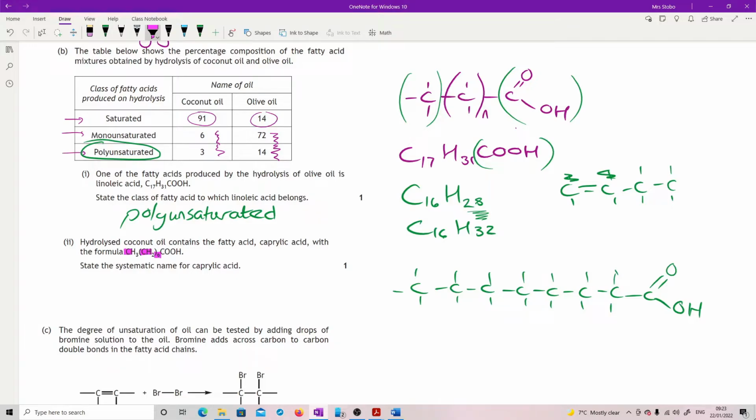That's going to give me my carboxylic acid at 7, but you've got to remember the other carbon. 1, 2, 3, 4, 5, 6, 7, and then the C double bond O, OH. So what we're actually looking at here is octanoic acid. And that's the biggest systematic name that we'll expect you to be able to do, up at 8.